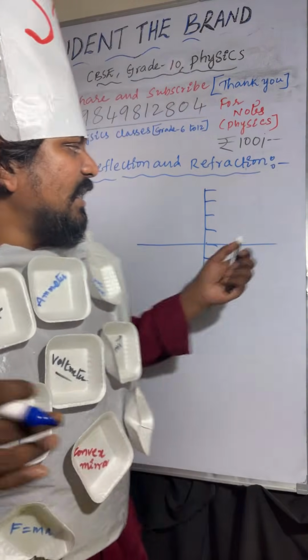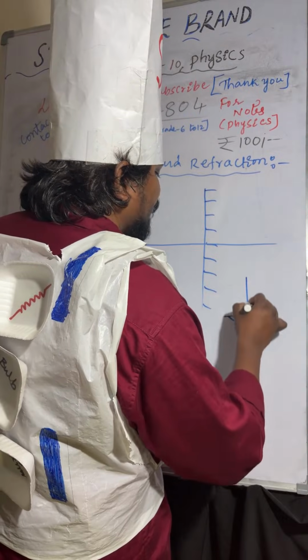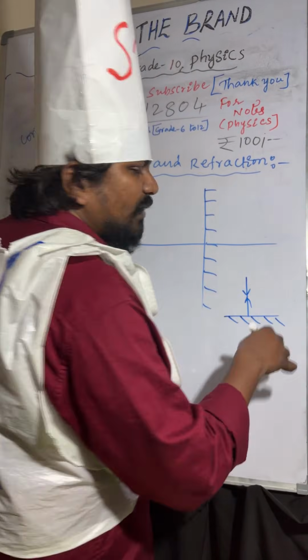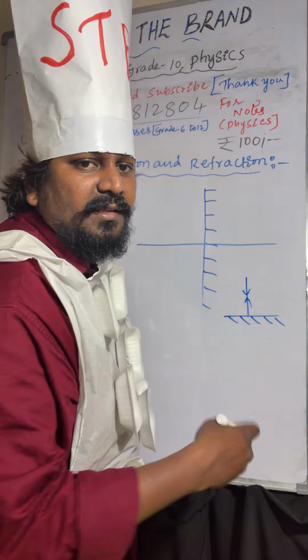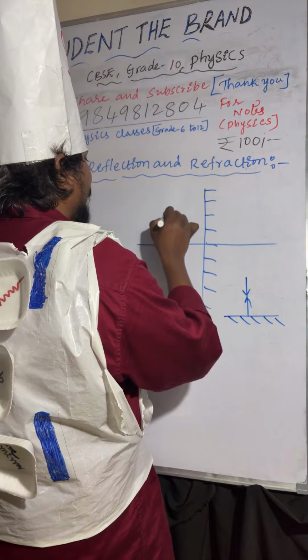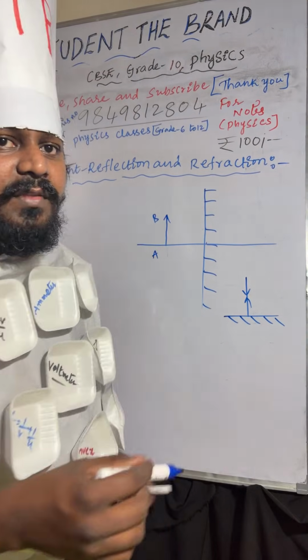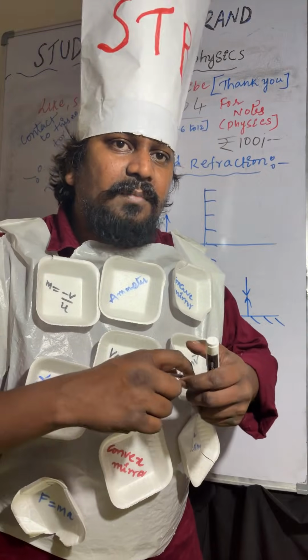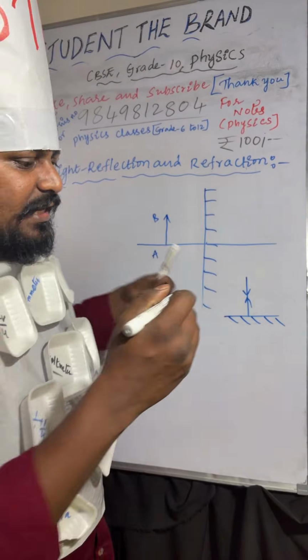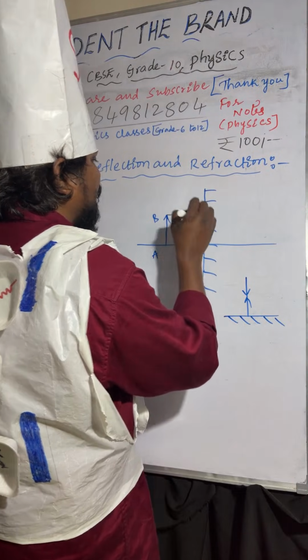Yes or no? Here also same thing. If the light ray is passing along the normal line, it retraces its original path, reflects back into the same direction. Here also I am taking object A, B. If the light ray is coming from the object, after reflection it retraces its original path.